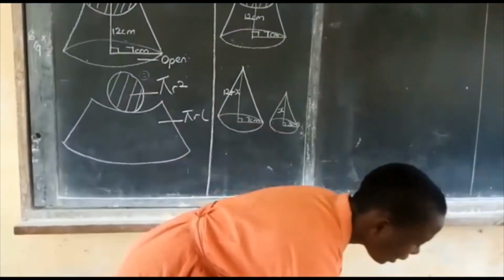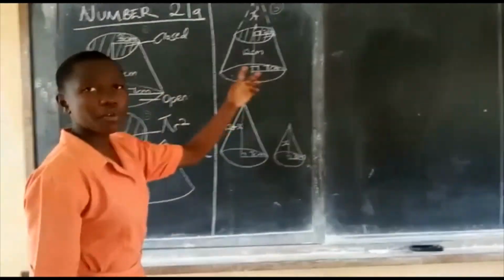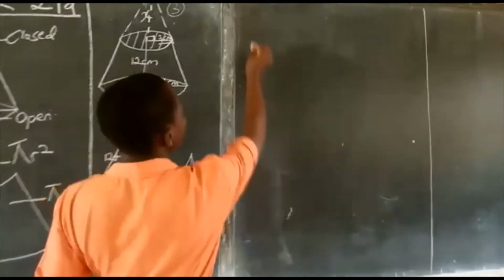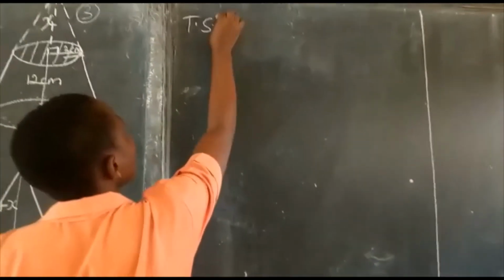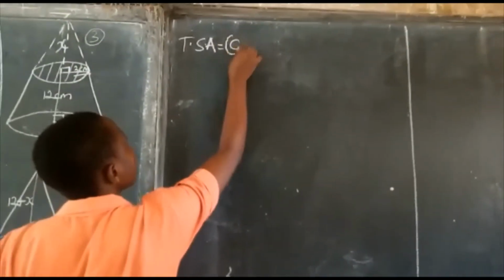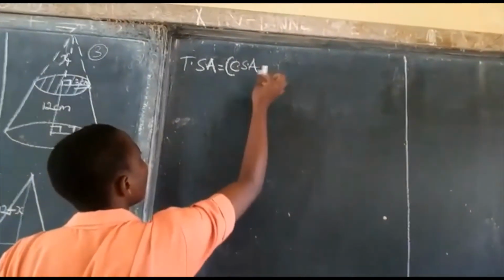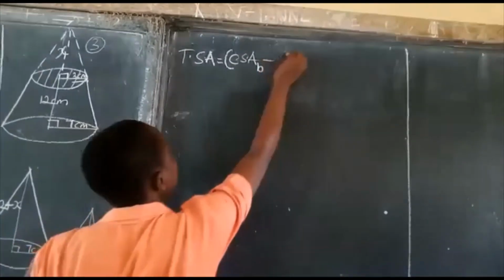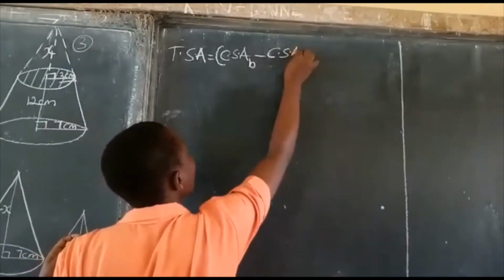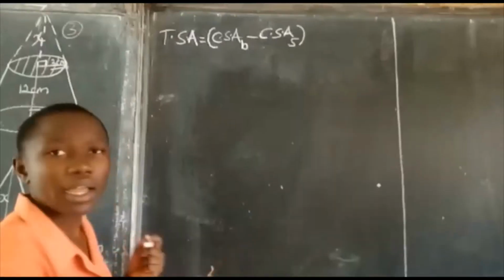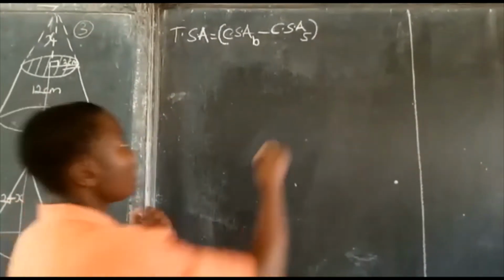So to find our total surface area for the lampshade, we shall need the curved surface area of our big cone minus the curved surface area of the small one, and we shall add on the area of the circular surface.